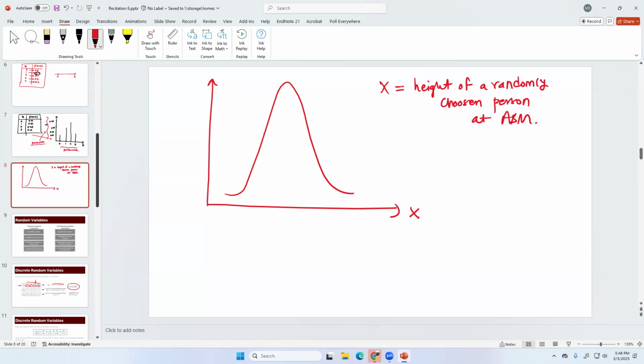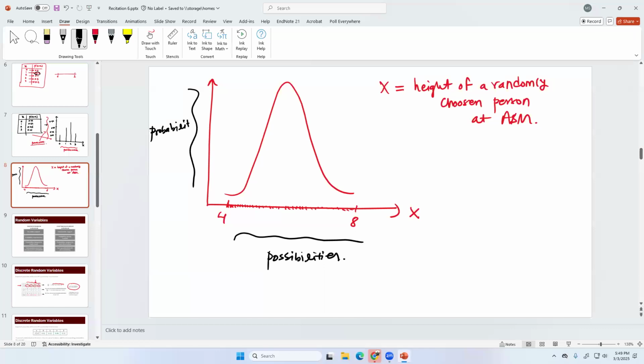It can take values anywhere from, say, 4 feet all the way up to 8 feet, considering the minimum and maximum, right? So every single value is possible. Okay, so these are the possibilities, and this gives you some notion of probability. This is a probability distribution.